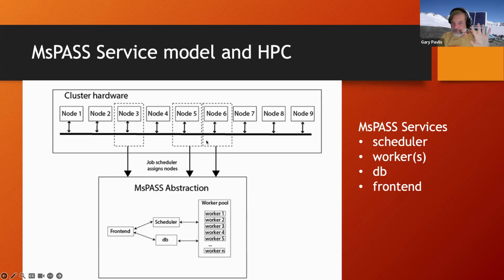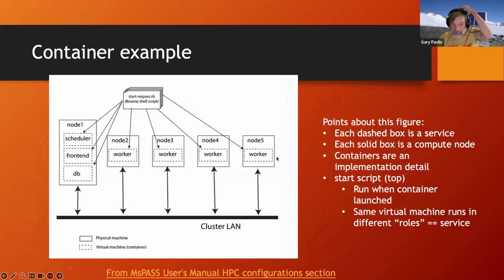My objective is to make that look like this. That's essentially what our configuration is going to do: take the 3 nodes and lay out the services. And I have to tell the launcher, as I would call it, how to do that, because we don't have any way to know that automatically.